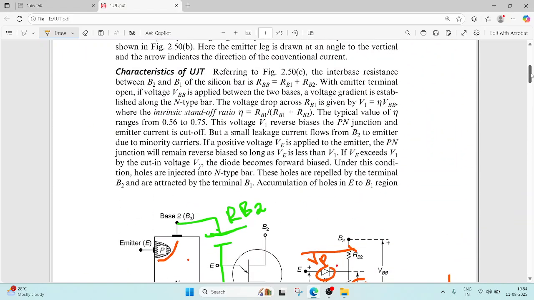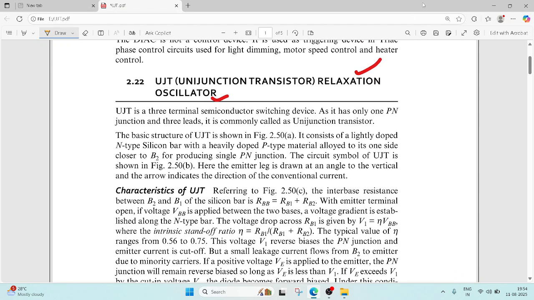Now see here, the UJT is a three terminal device with only one PN junction. The UJT has a lightly doped N region and a heavily doped P region, one side closer to B2, which produces the PN junction.